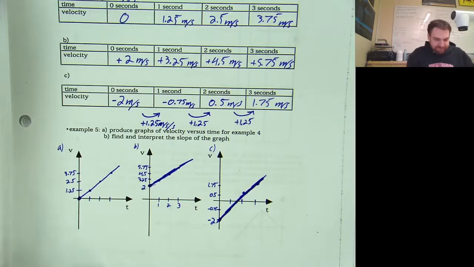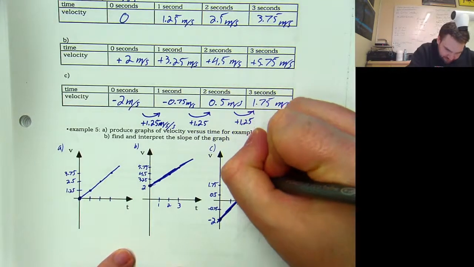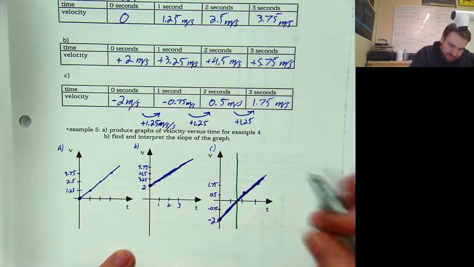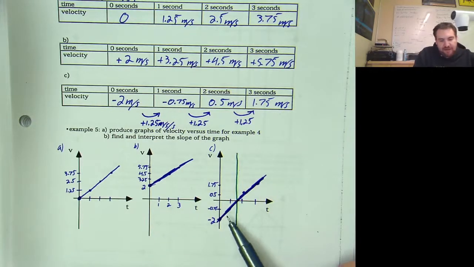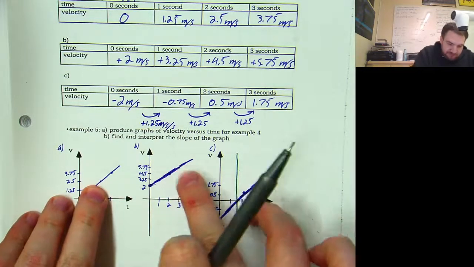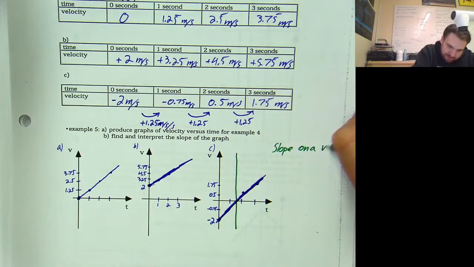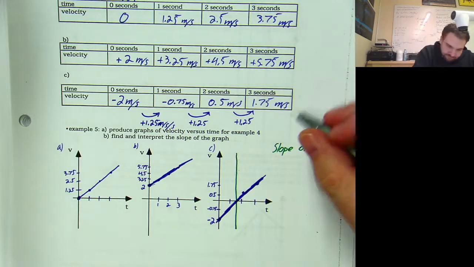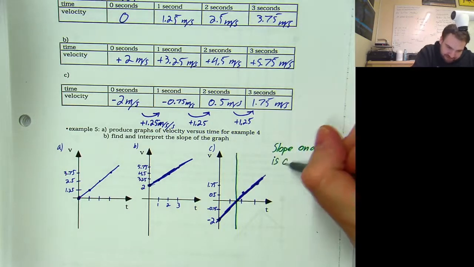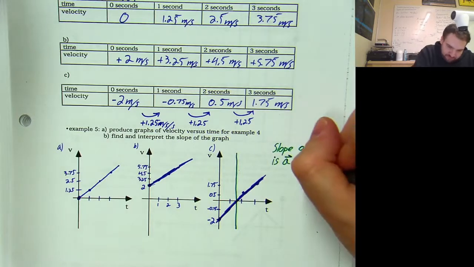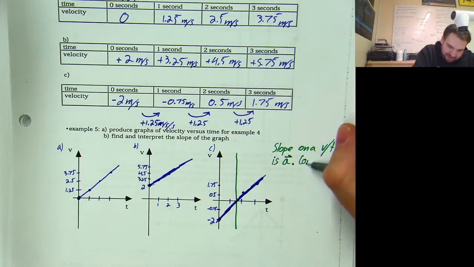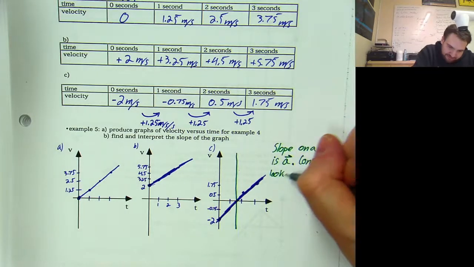So what's happening here? Up until that point right here, we've got an object with a negative velocity, but if we look at what the slope is on all three of these, the slope on a VT graph is the acceleration, and constant acceleration looks like a straight line.